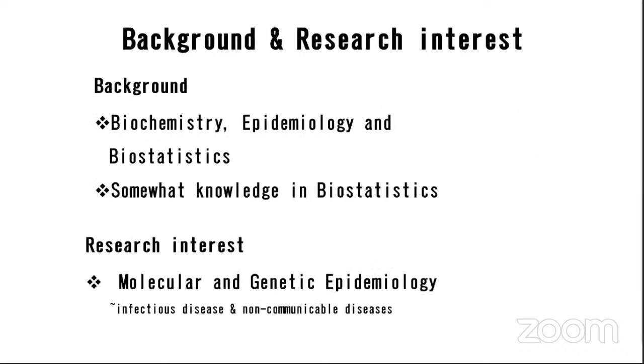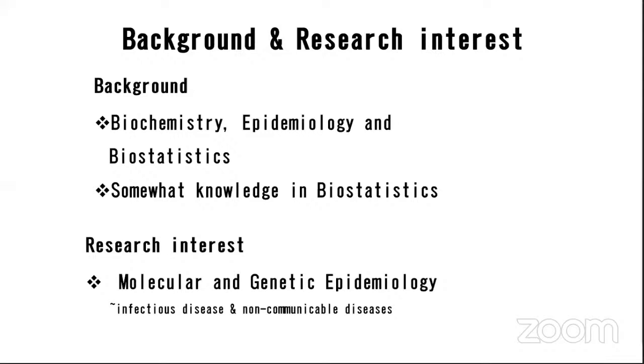I have a background in biochemistry, epidemiology, and biostatistics, and somewhat knowledge in bioinformatics. And my research interest is in molecular and genetic epidemiology, more specifically looking into infectious diseases and non-communicable diseases such as cancer.